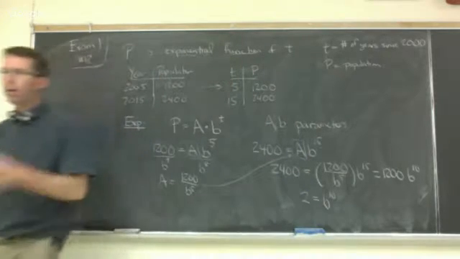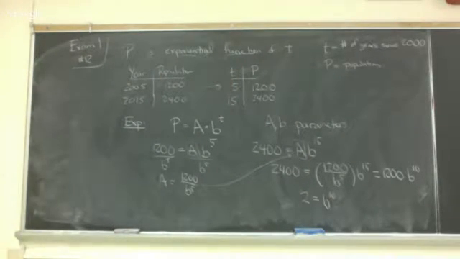So how would I go about finishing solving that? If I have B to the 10th equals 2, what's the inverse operation of a power? If the variable was in the exponent, I would use a logarithm.